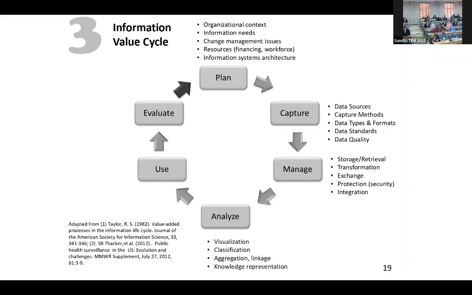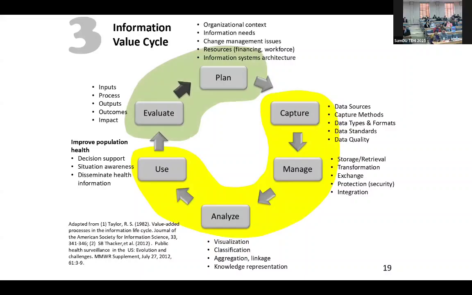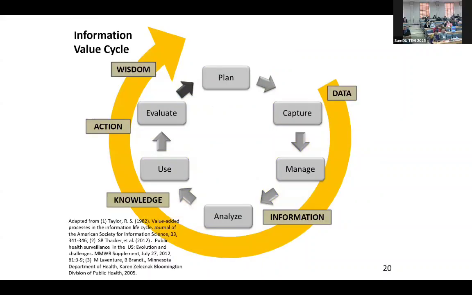Since we have limited time, I'll move on. Again, this is the information value cycle from data, information, knowledge, action, wisdom, and we can do that again as a cycle.